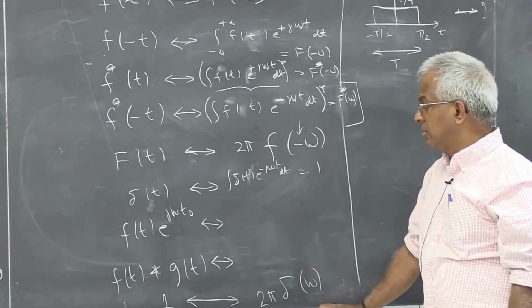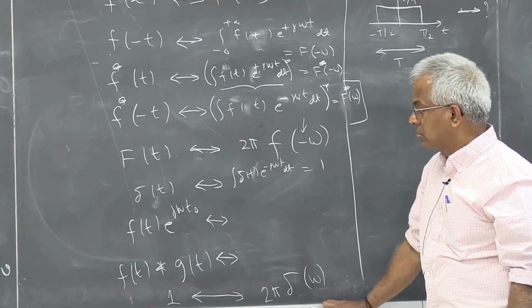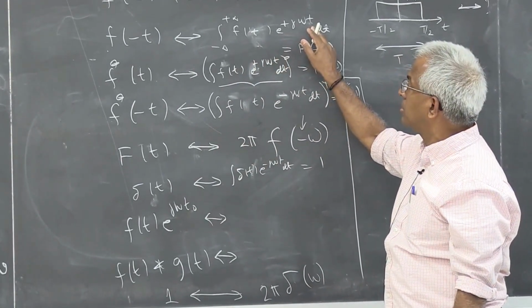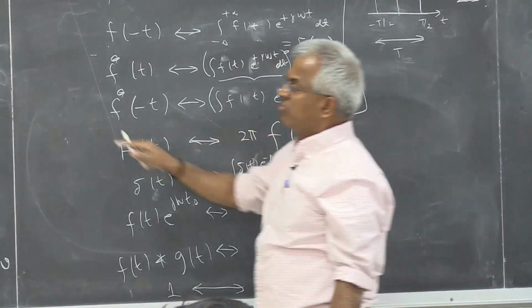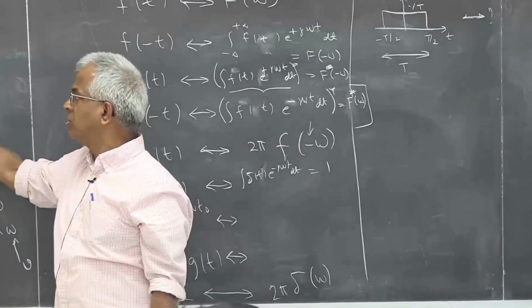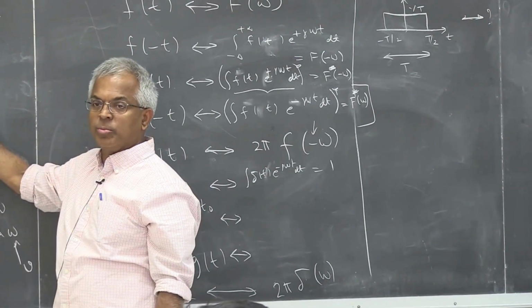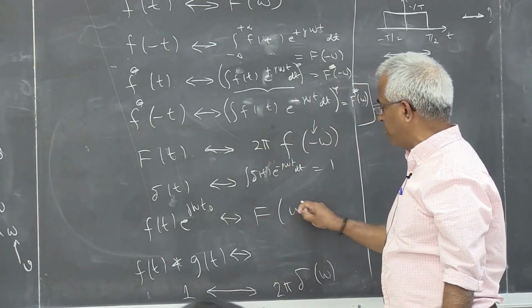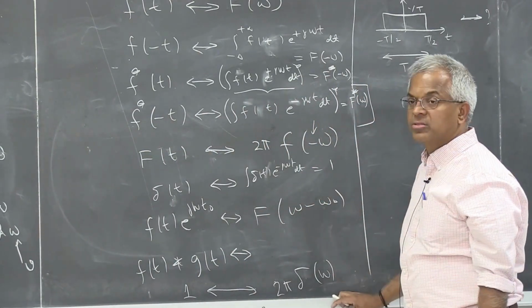So this will be useful. And this, of course, you can plug it in here. You see, where is it? So if this is f(t) e raised to j omega naught t, this will be omega minus omega naught, right? So you should be able to see that this is F of omega minus omega 0, etc.